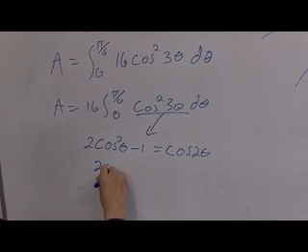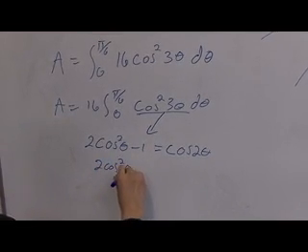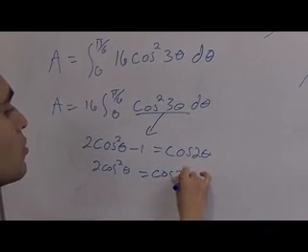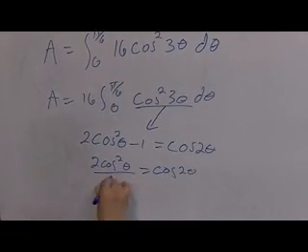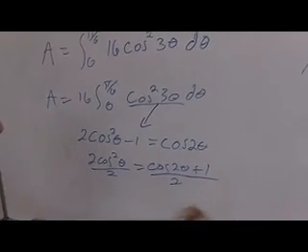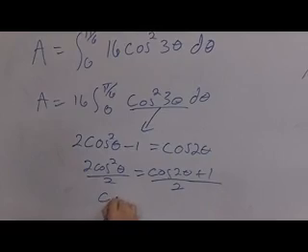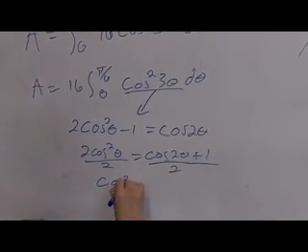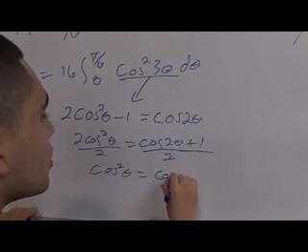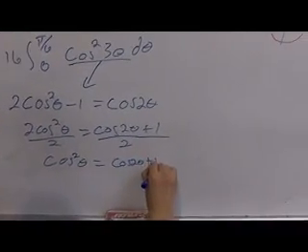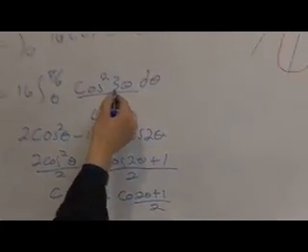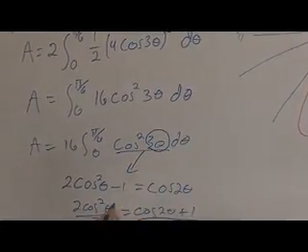So 2 cos squared theta equals cos 2 theta plus 1. Divide that entire thing by 2. It's going to be cos squared theta equals cos 2 theta plus 1 all over 2. But as you can see from here, this is different than this.